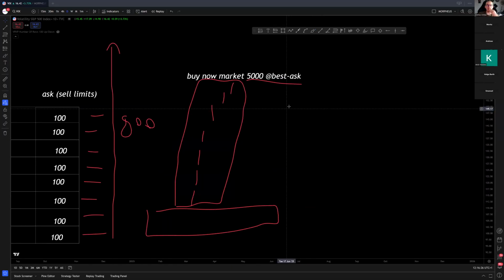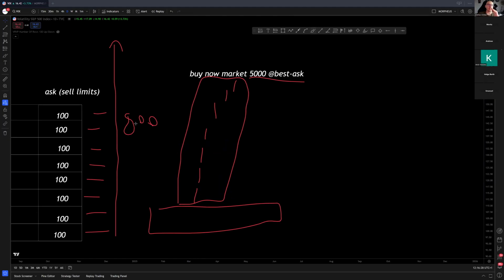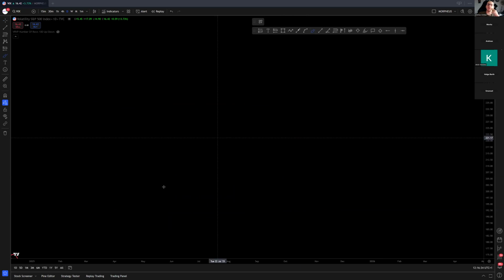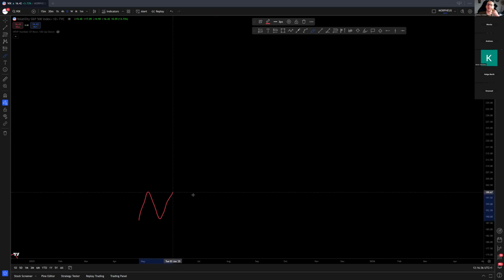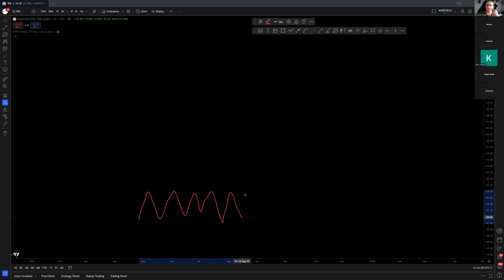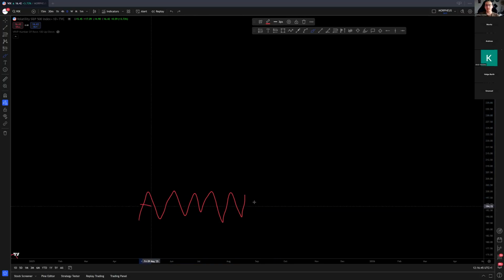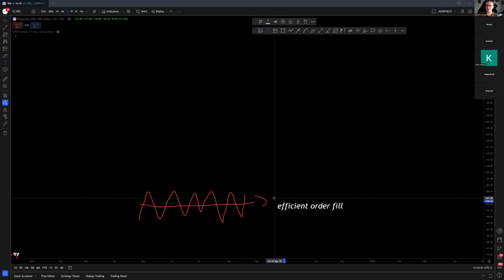So you clearly start to understand, when you understand how a basic thing like filling orders works, that when there's a market that goes sideways and is not moving particularly fast, this means efficient order filling for big market participants.